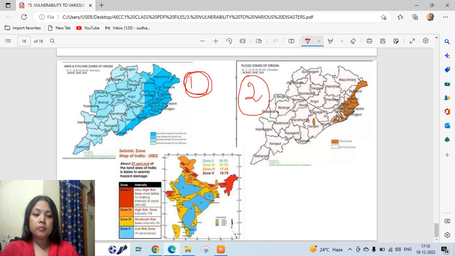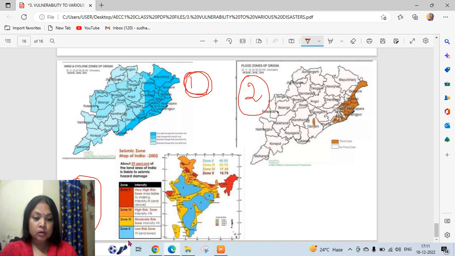Map number 3 shows the seismic zone map of India. Seismic zone means earthquake zones. You can easily read this map and analyze in which part of our country comes under zone 5, which under zone 4, which states come under zone 3, and which states come under zone 2.